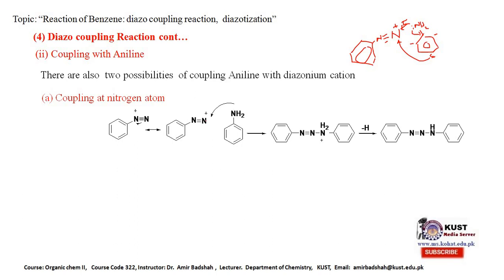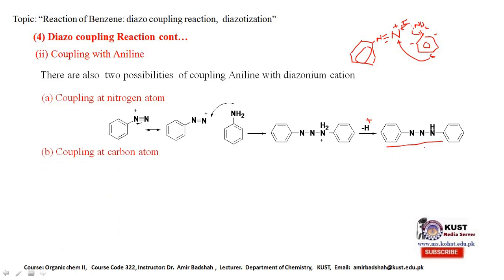By attacking at this position, we can get this species, from which then hydrogen is eliminated in the form of a positive charge, and we get this compound where the diazonium salt group is coupled with the nitrogen of aniline.